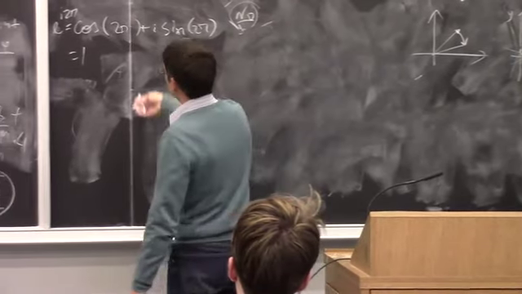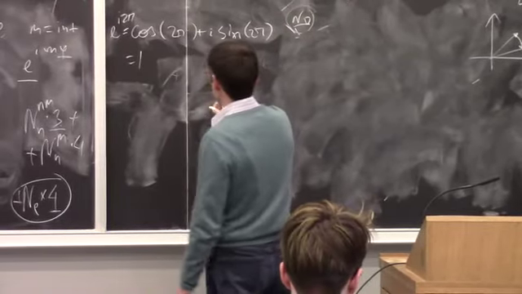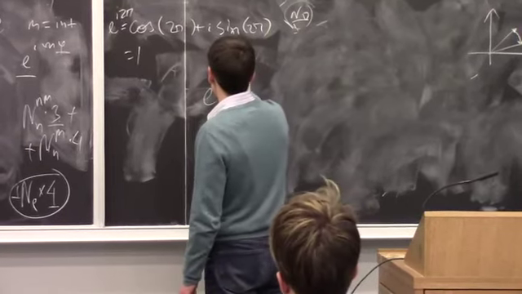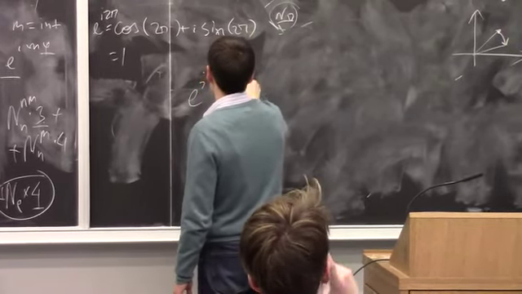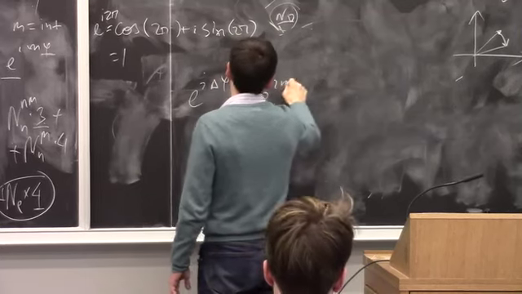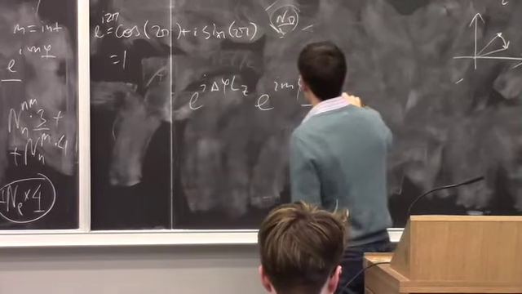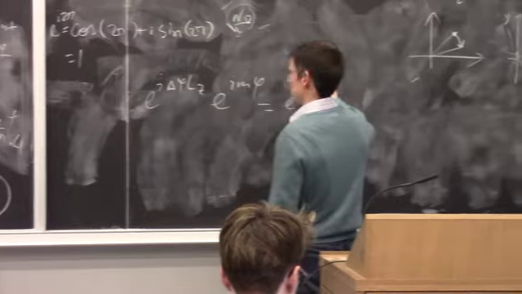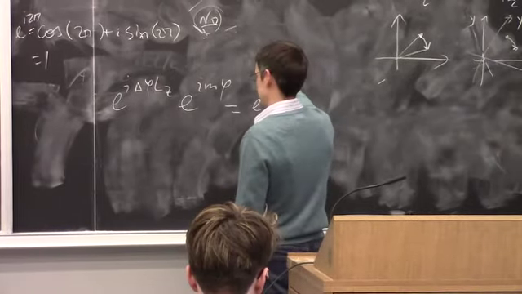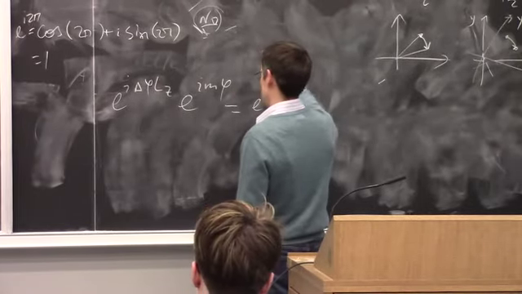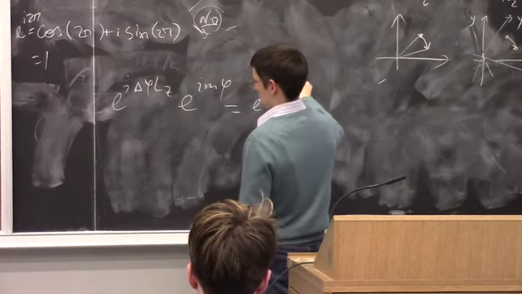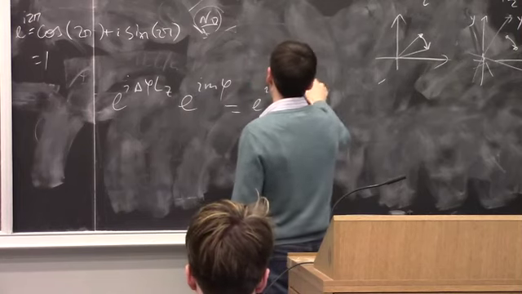Because what we can see here is that if we apply exponent of i delta phi Lz onto the function e to the i m phi, we get exponent of i m times phi plus delta phi.